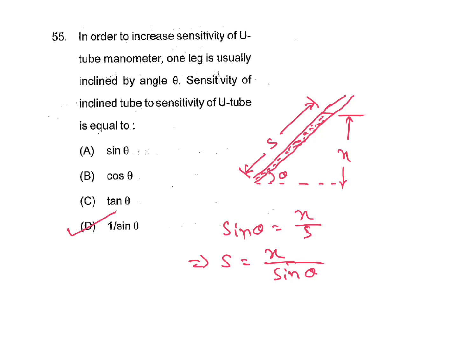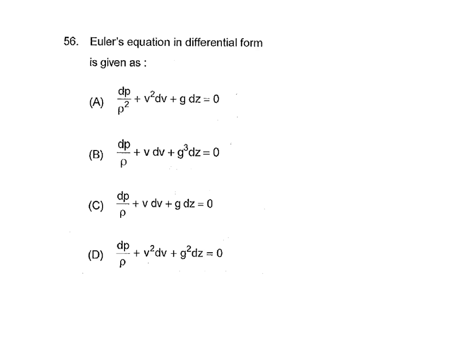Euler's equation in differential form. So many times asked in IES. So C is our answer. dP by rho plus VdV plus g dZ equal to 0. If you integrate this one, you will get Bernoulli's equation.